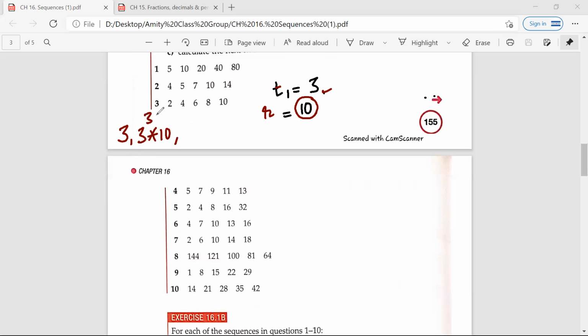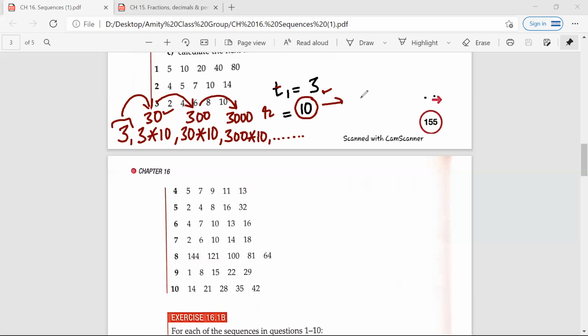My answer is 30. Now I'll multiply 30 again by 10. My answer is 300. Again by 10, my answer is 3000. So I'm taking the first number and multiplying each number by the same common ratio. The common ratio doesn't change. Are we clear? Yes, sir.